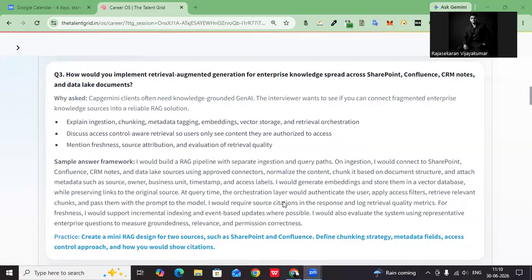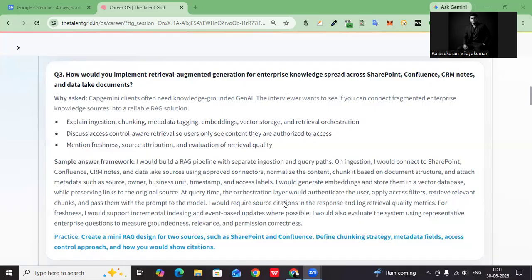Throughout the GenAI solution, I will be taking care of security and compliance in all the places wherever required. I will be providing proper access through SSO, role-based and attribute-based access, and in the retrieval, PII masking and redaction based on policy.